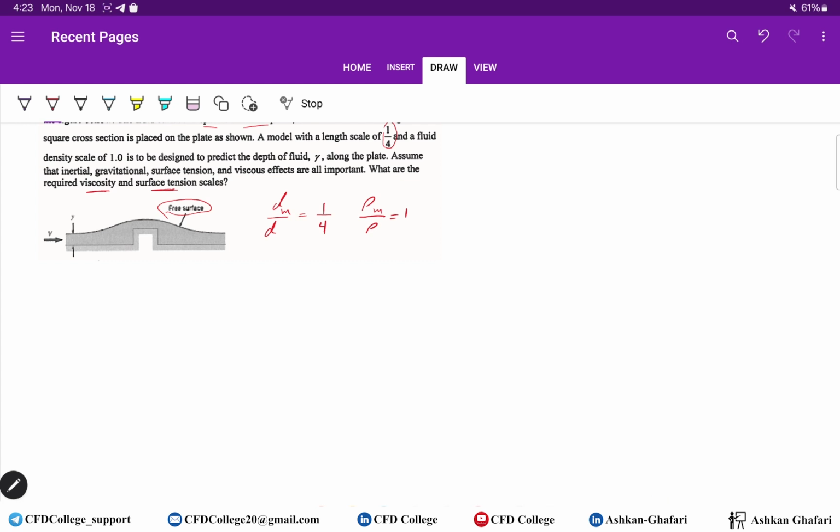If you know the Froude number, which is V over square root of gL, or gD or gH, it is the ratio of inertia force to gravitational force.